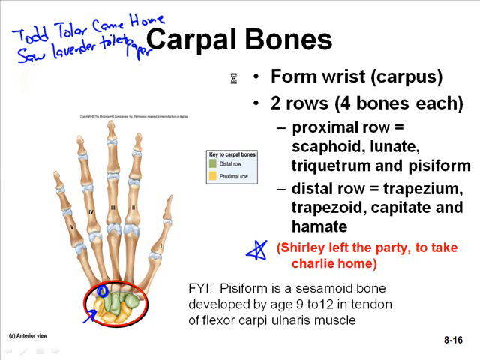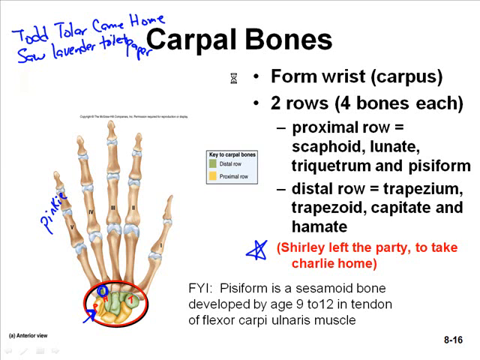So I always like to find the pisiform first, and then if I use either mnemonic, I can figure out the rest of those, because the pisiform is next to the pinky, and you actually can feel that there in your wrist. Directly above that is the hamate. So if we label those, you've got the pisiform and the hamate. So if we can put the rest of these in order.